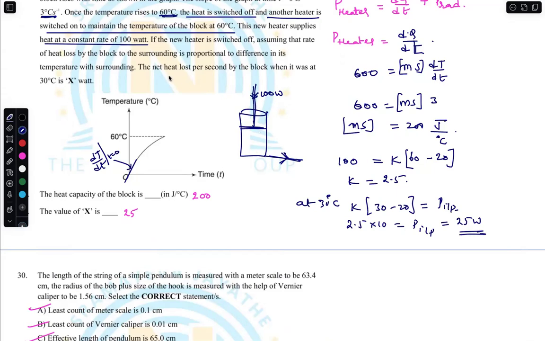See, the net heat lost per second by the block when it was at 30 degrees centigrade is, at 30 degrees centigrade, the rate of loss is K into... Actually, Stefan's law would be T power 4 minus T naught power 4. But in the question itself, assuming that the rate of heat loss by the block to the surrounding is proportional to difference in its temperature with the surroundings. In fact, I've used that.